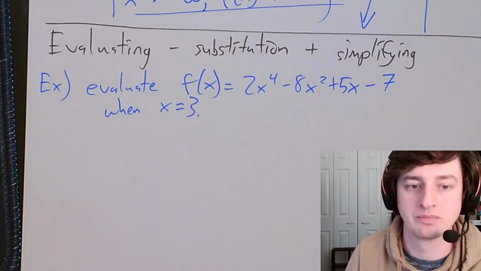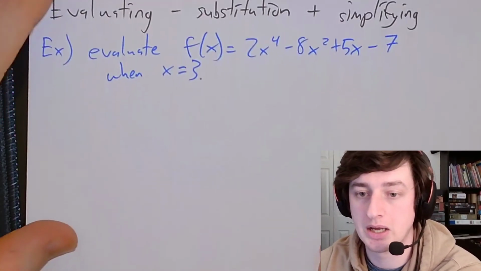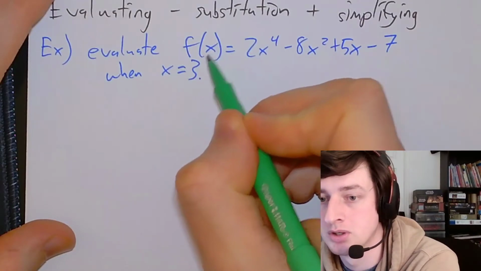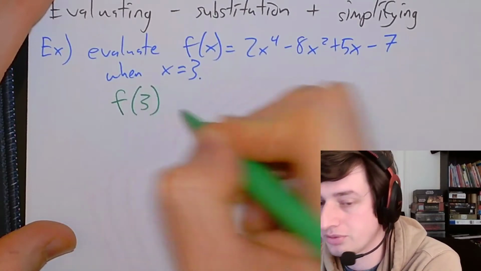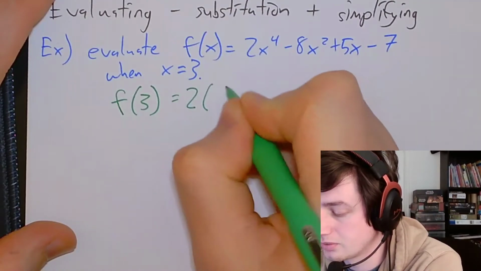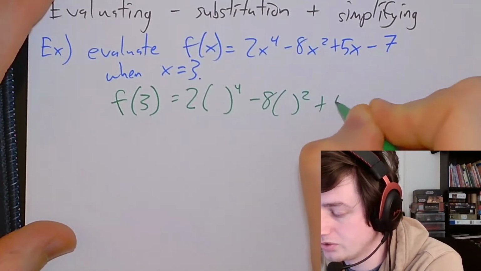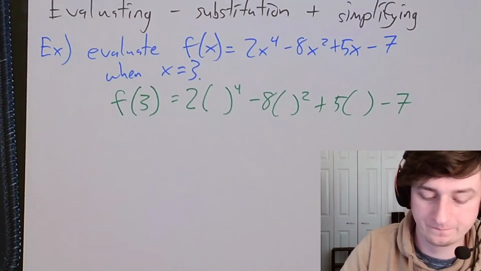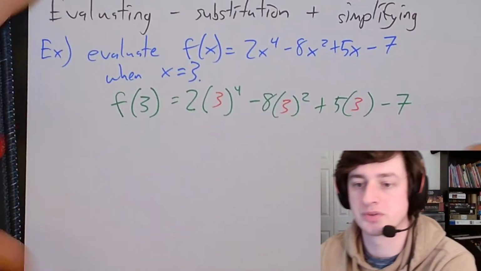There's a couple ways to write this notation, but function notation, which is what this is in, is the function named f where x is our variable. We're saying when x is 3, so we would say f of 3. And so where all of the x's are, we're going to substitute in the 3. So all of these parentheses are going to get a 3.